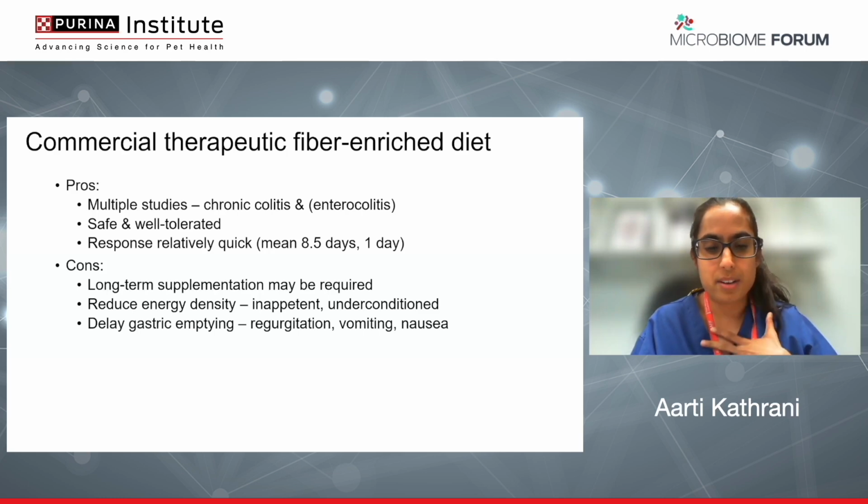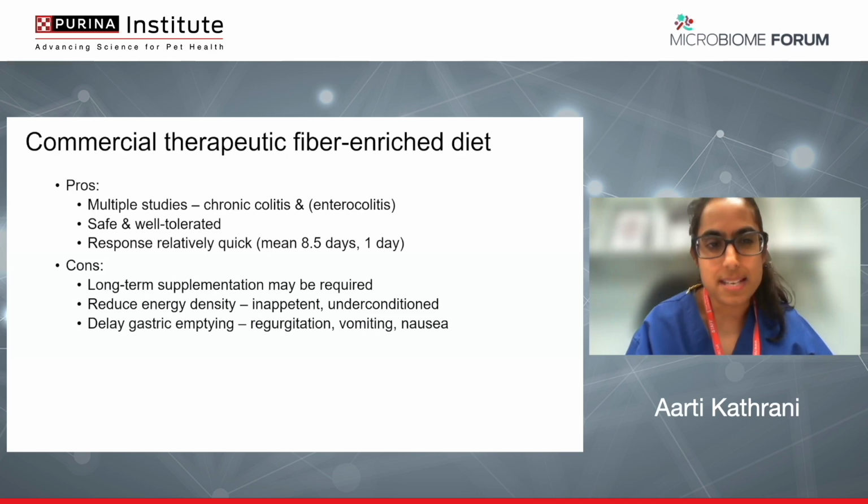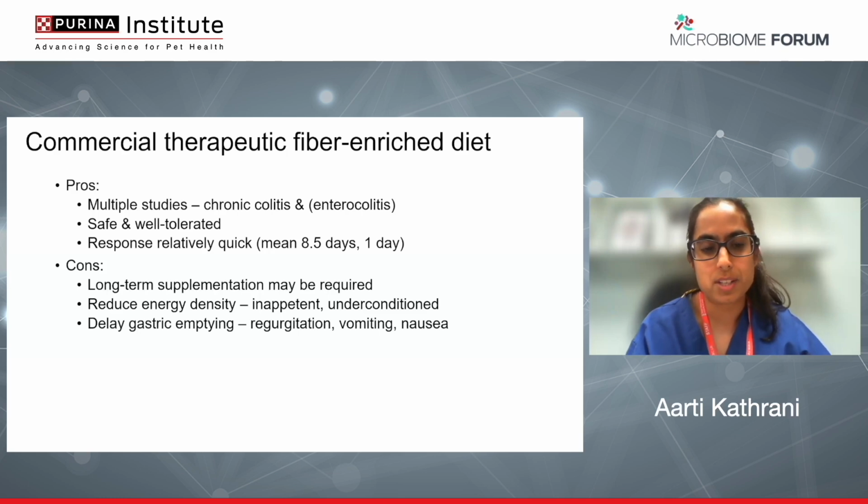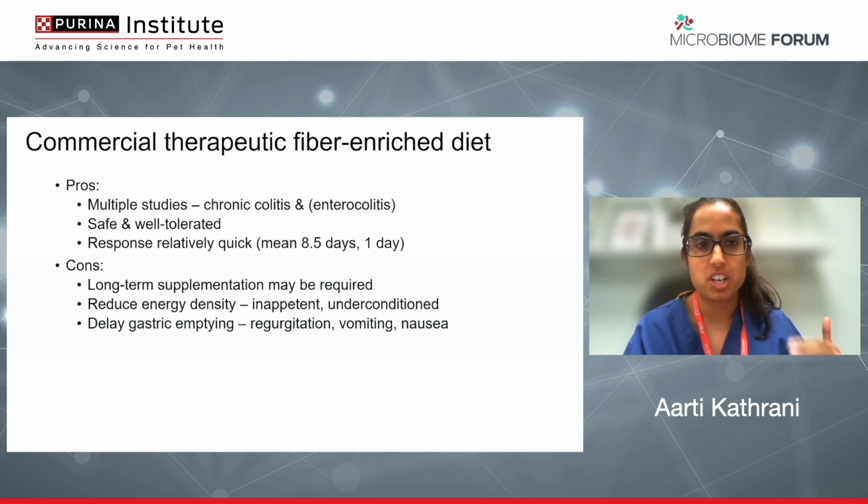So if you have a dog that has upper GI signs, then it could exacerbate that. And we have seen that occasionally happen with, for example, brachycephalic dogs that have had colitis, and they've also had regurgitation, then we've switched them over to fiber enriched. Sometimes the regurgitation has got worse. That hasn't happened in every case. It's just something to be aware of.